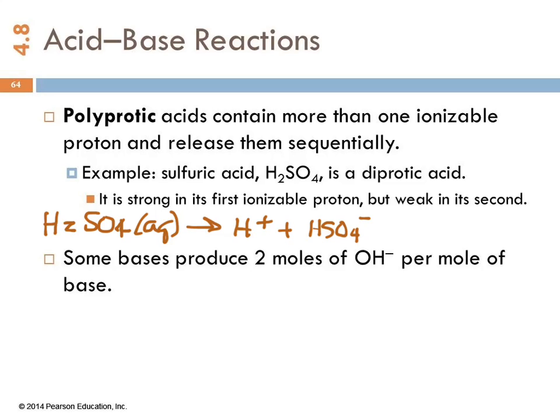This has a -1 charge. And then that one is a weak acid, but it can go to hydrogen ion and sulfate. And I don't expect you to be able to do that equation right now. I just want you to have an idea of how that works.